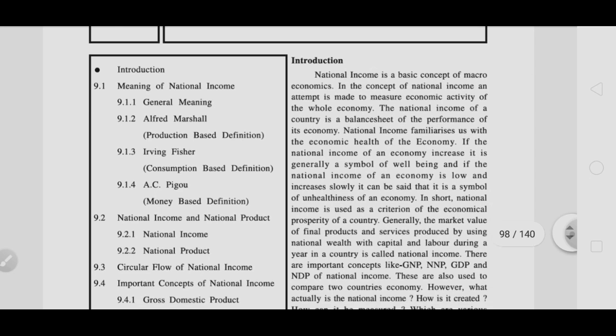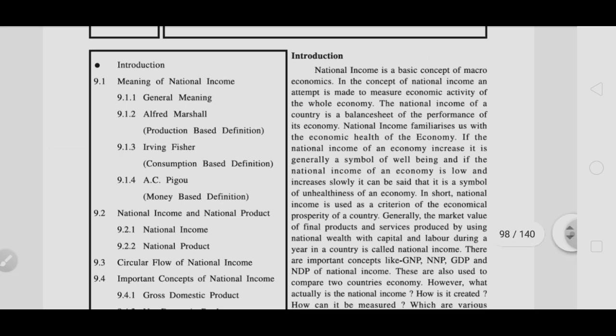Then there are three different authors who have given three different definitions on the basis of three different aspects. That is, the production definition is given by Alfred Marshall, while the consumption definition is given by Irving Fisher, and the money-based definition, that is, the income definition, is given by A.C. Pigou.